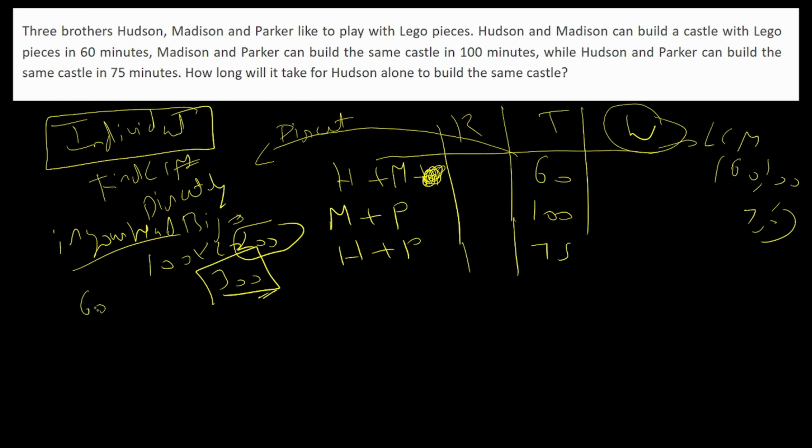So I have 60, I have 100, I have 75. 60 I can write as 6 into 10. 100 I can write as 10 into 10. And 10 into 10 I can write as 2 square into 5 square.